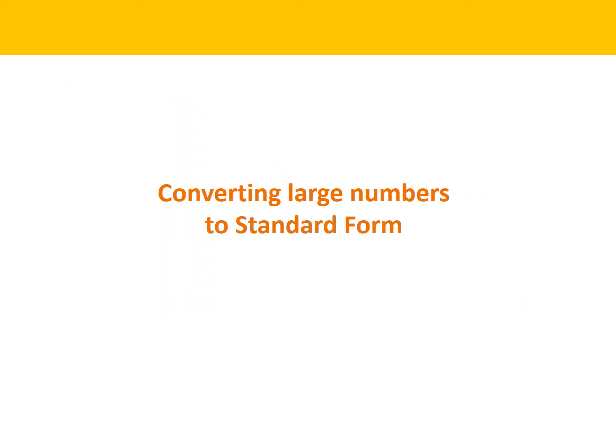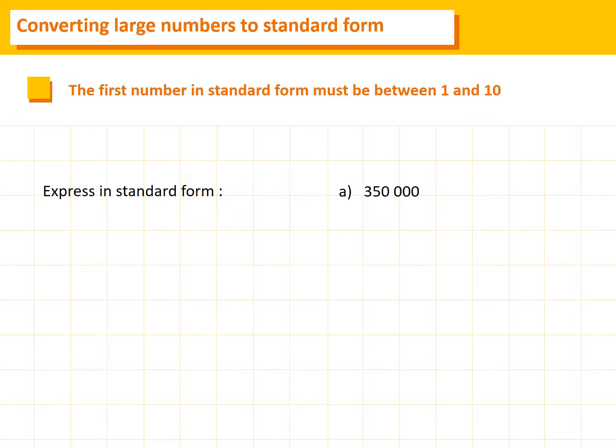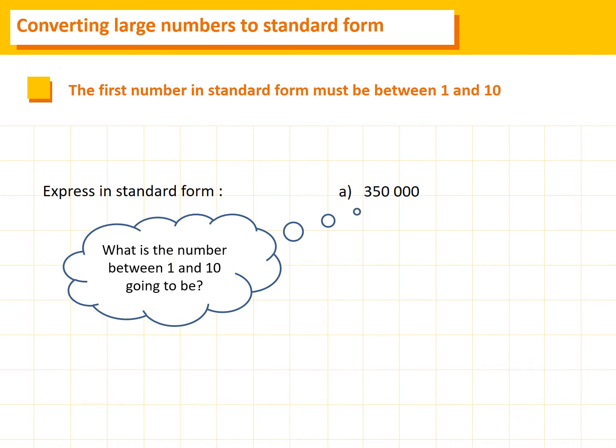The second part of this lesson, we're going to be converting large numbers to standard form. To convert 350,000 into standard form, we must first consider what will be the number between 1 and 10. Well, we simply insert the decimal point after the first digit, so that number will be 3.5.